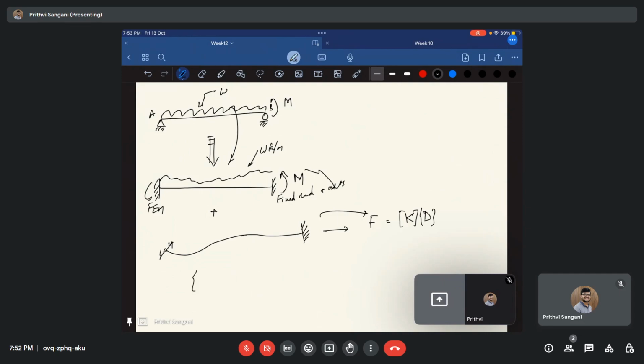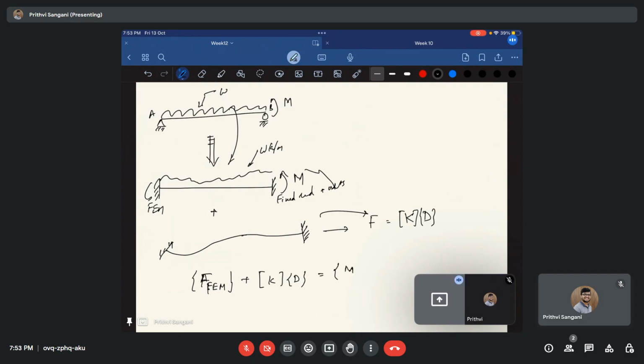Now we have forces due to fixed end moments plus the forces because of my joint rotations and joint displacements. It is k times d. That should be equal to my external loads, the externally applied loads.